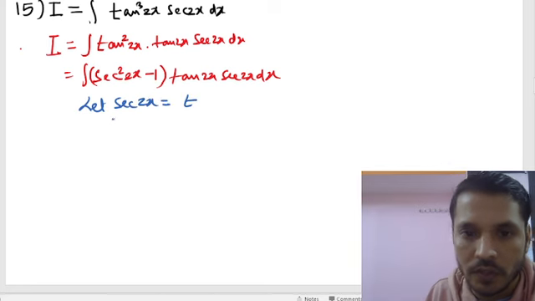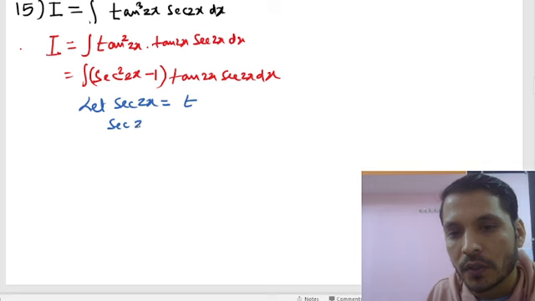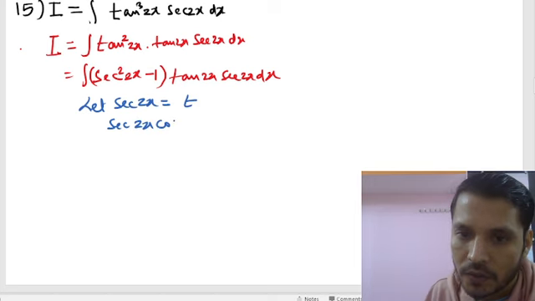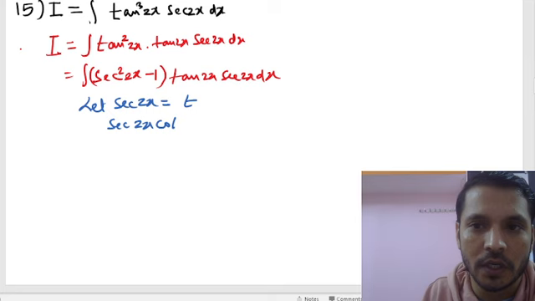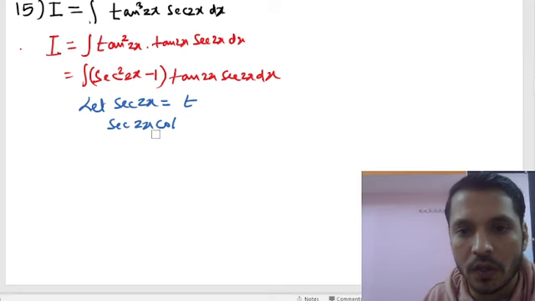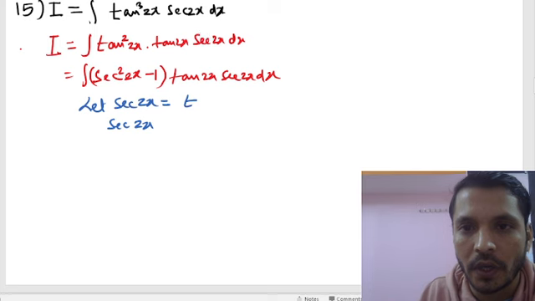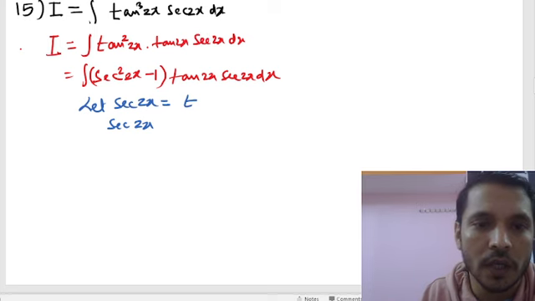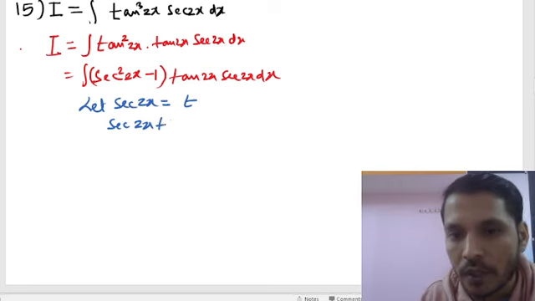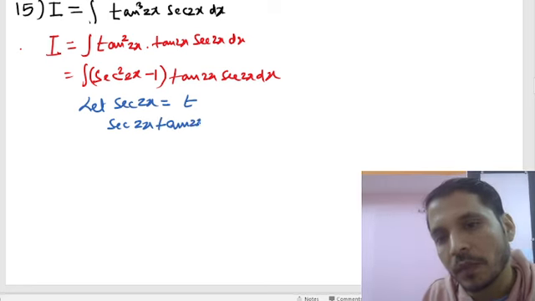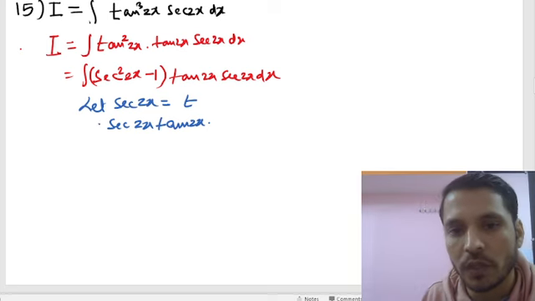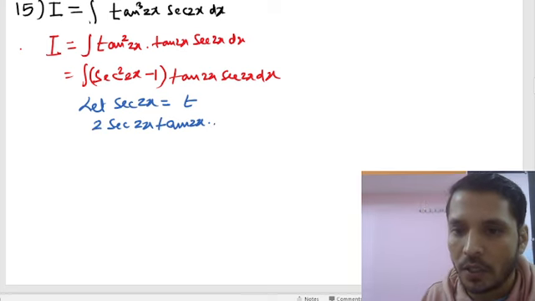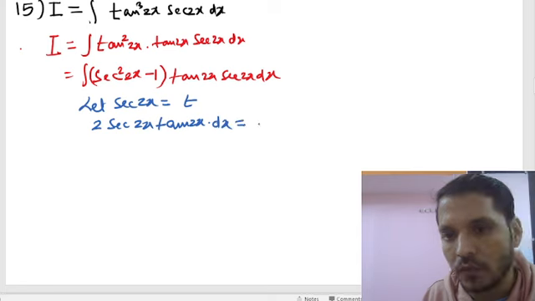The differentiation of sec x is sec x into tan x, so it is sec 2x into tan 2x, but by the chain rule the differentiation of 2x will come as 2, so here I am writing 2 and then into dx, and this is equal to dt.